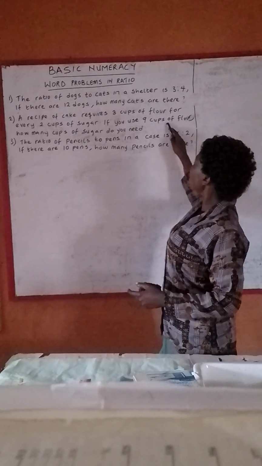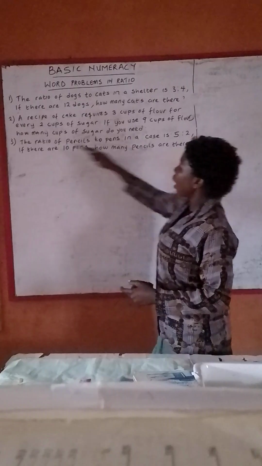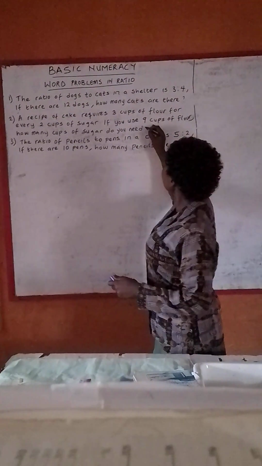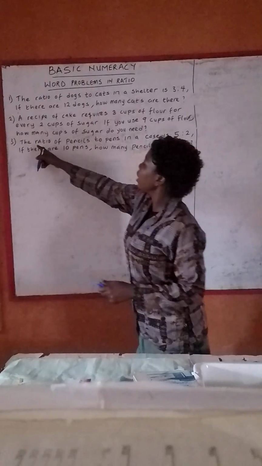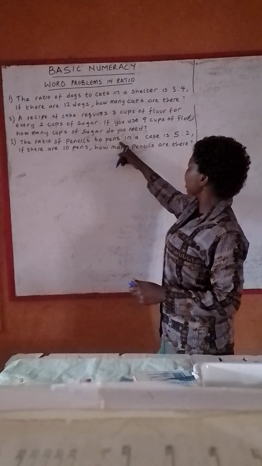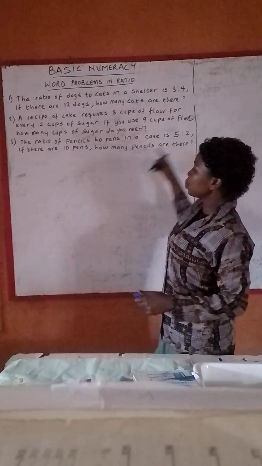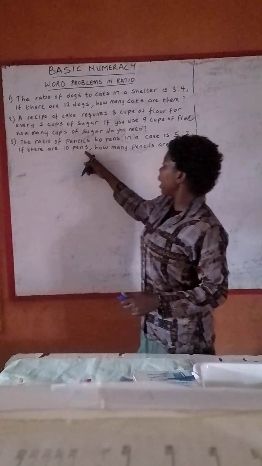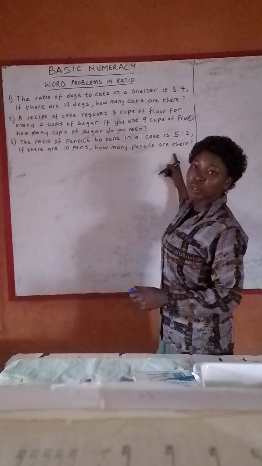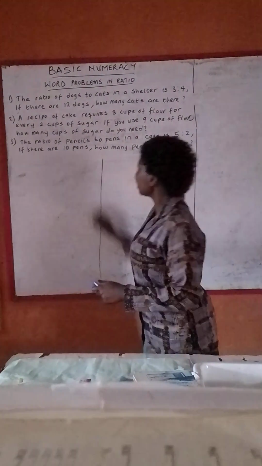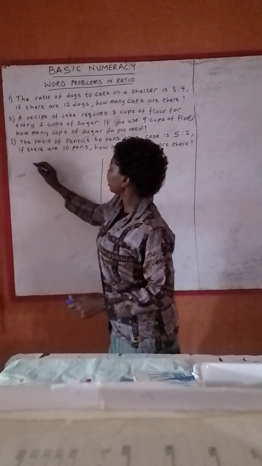If you use 9 cups of flour, how many cups of sugar do you need? And the last question today says the ratio of pencils to pens in a case is 5:2. If there are 10 pens, how many pencils are there? Without wasting time, let's start with number 1.